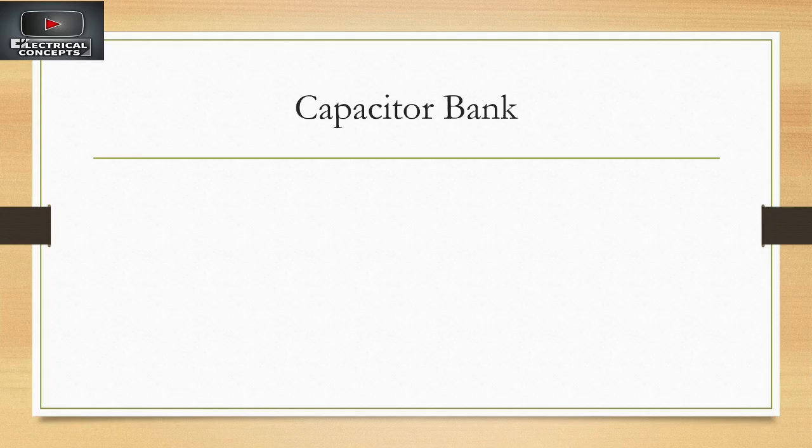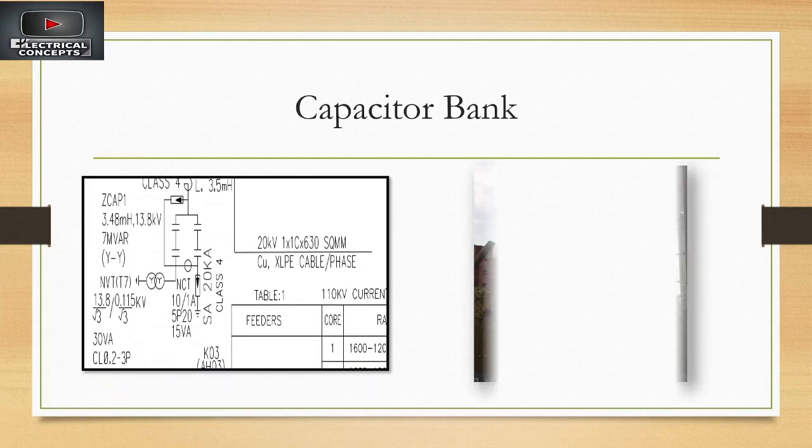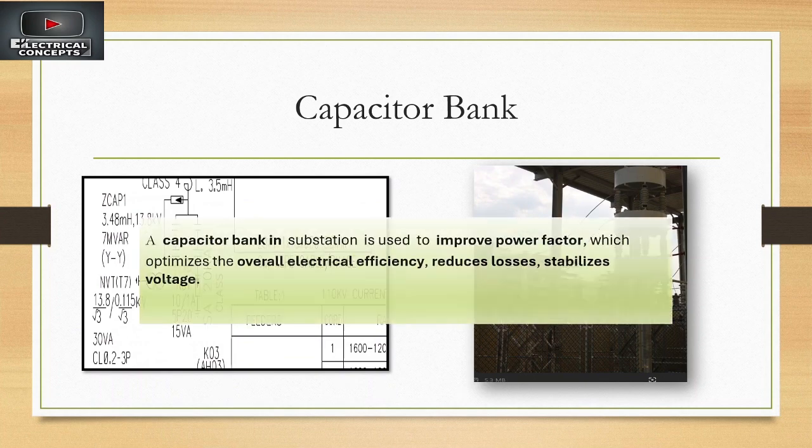Now we will discuss the last component of the SLD, which is the capacitor bank. A capacitor bank in a substation is used to improve power factor, which optimizes the overall electrical efficiency, reduces losses, and stabilizes the voltages.